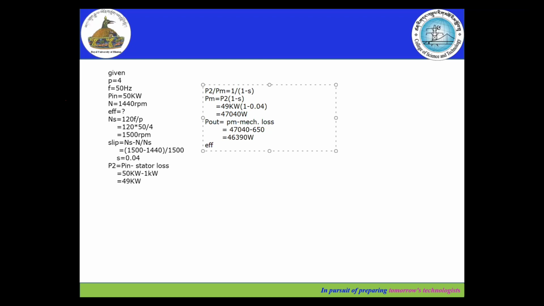After getting P out, our efficiency is P out divided by P in. So P out is this much, right? Divided by P in. P in we got as this one, 50 kilowatt, which is equal to 50 kilowatt.